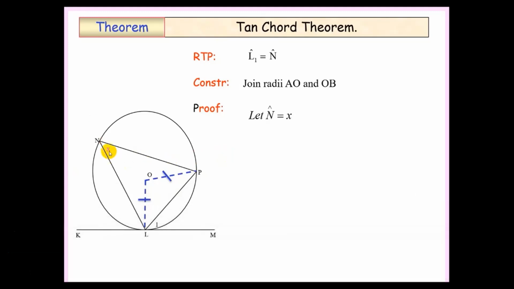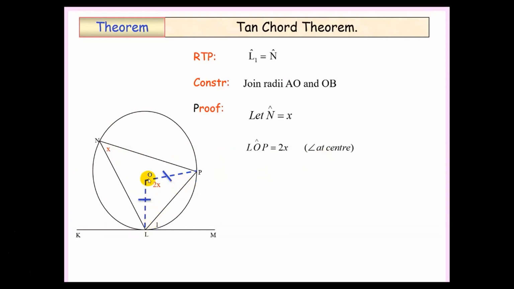Now if angle N is X, we need to find an angle in relationship to N. So we have angle O, which is the center, and we know that angle O would be 2x, and the reason for that is angle at the center is twice the angle at the circumference. Now we go to triangle LOP, and you'll notice that the base angles would be equal.